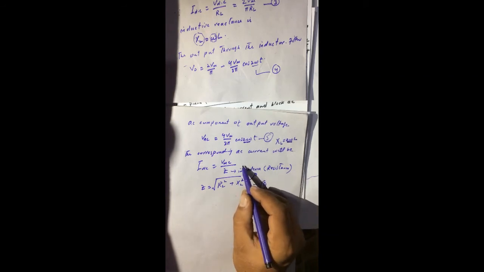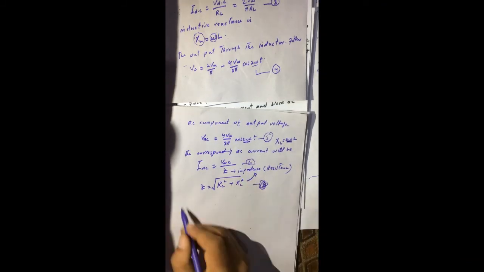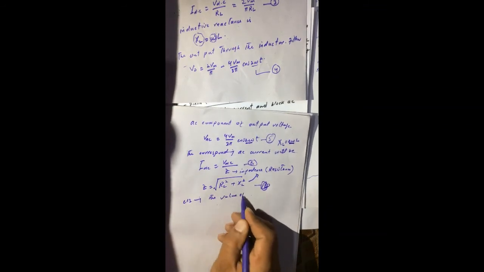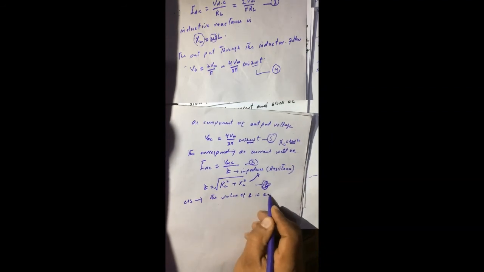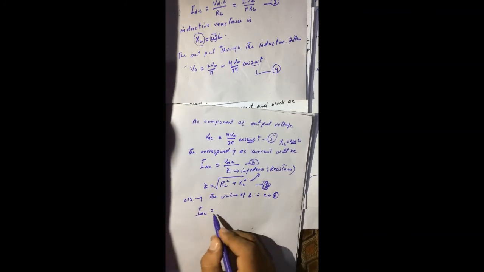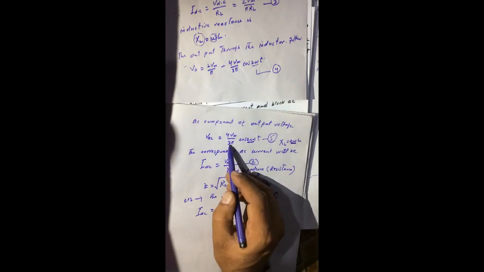Now, using the value of Z in equation 6, the AC component of the current will be equal to VAC, and VAC is 4Vm over 3 pi.